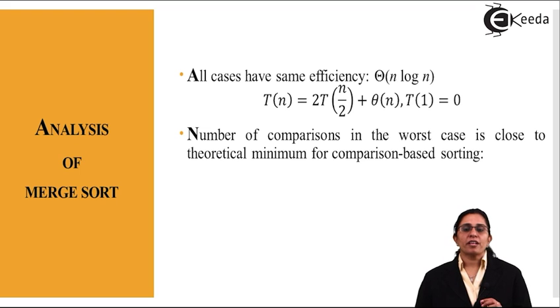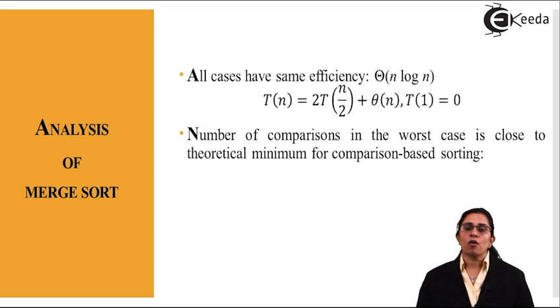Comparison based sorting techniques were techniques where each and every element was compared with every element in the list. That is, the first element with the second, third, fourth, in the linear or sequential sorting example. Whereas in the case of merge sort, that will be the scenario for the worst case complexity.